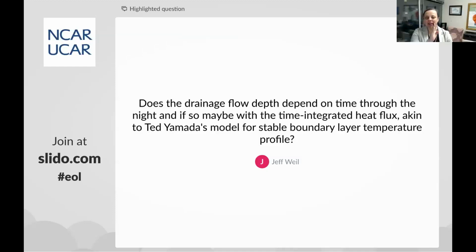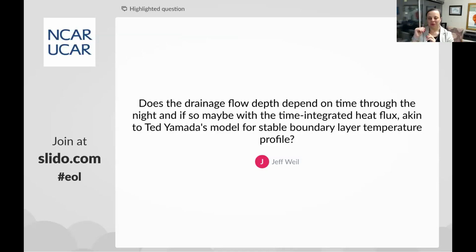The depth increases after onset, but the onset doesn't necessarily, but it can onset and get deeper and then break down and then onset and get deeper again.